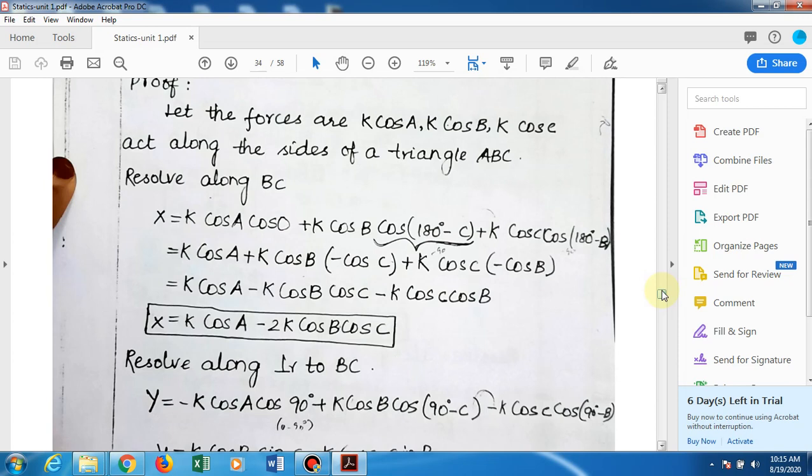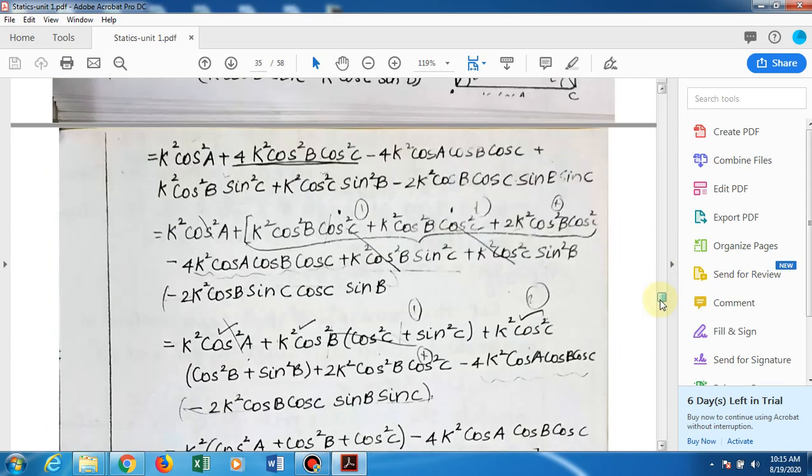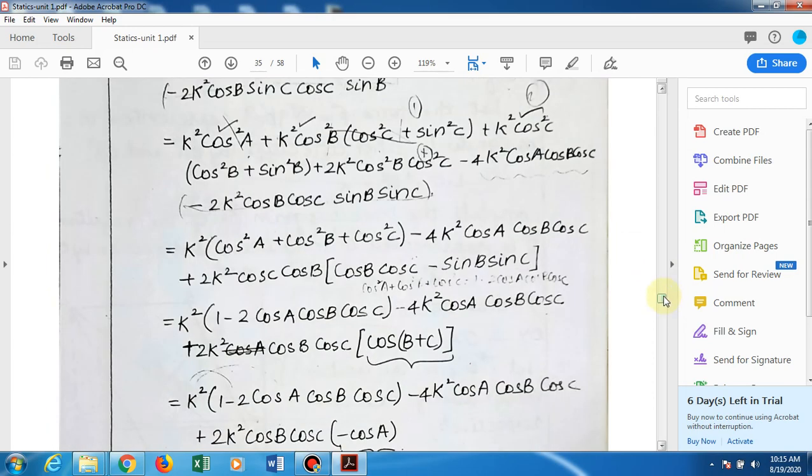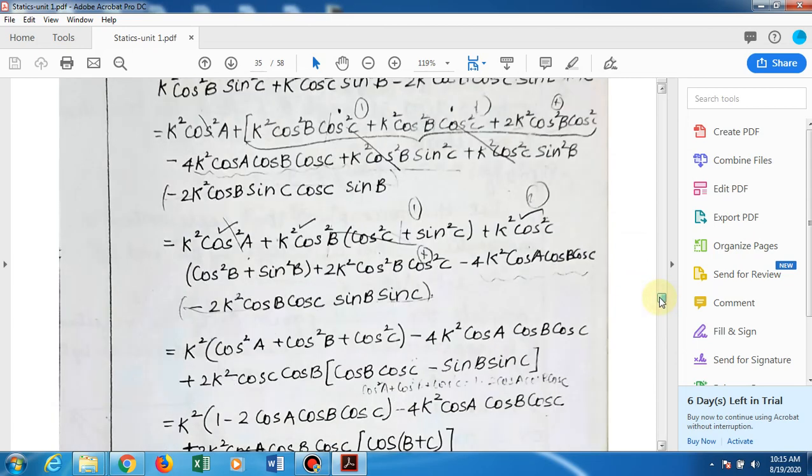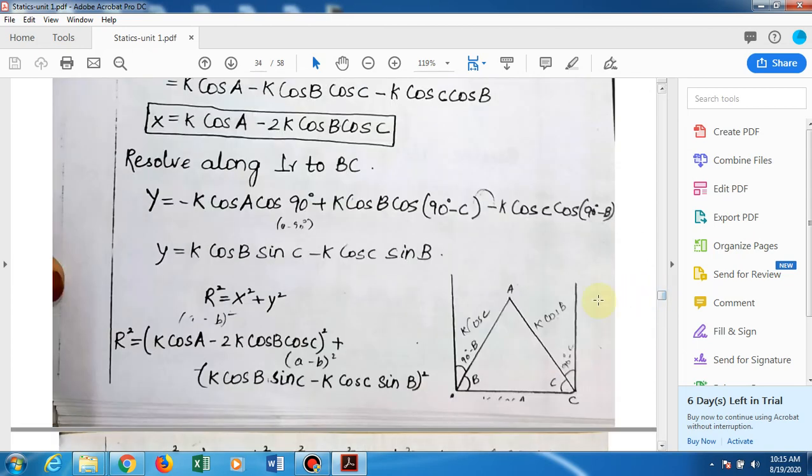You see the proof. Let the forces k cos A, k cos B, k cos C act along the sides of triangle ABC. As usual, you have to resolve. You see the diagram, resolve along BC. K cos A into cos 0, k cos B into cos 180 minus C. See how I have marked the diagram here.